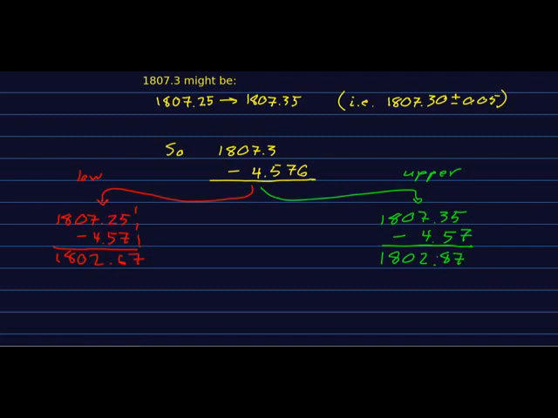So there are our upper and lower limits. So in other words, we believe our answer lies in the range between 1802.67 and 1802.87. Now just think about what that means.